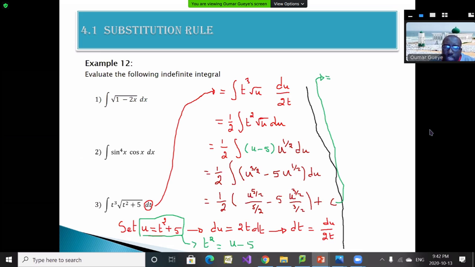Now I'll get 1 over 2 times, so you guys know when you divide by 5 over 2, it's the same as multiplying with the inverse. It's going to be 2 over 5.